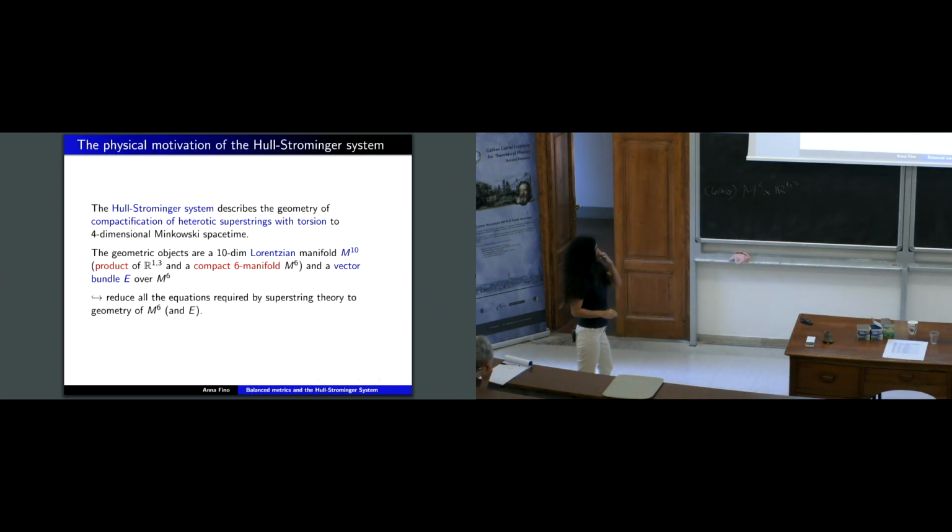And the object will be not only this 6-dimensional manifold, we will have some geometry there, we'll see which type of geometry, but also we will have a gauge vector bundle E. That also has an important role. And so the idea is to reduce all the equations required by superstring theory. Here I say all the equations, but we'll see that one part of the equations of motion is missing, in fact, in this reduction. You need an extra condition for that, to the 6-manifold here and the gauge bundle there.